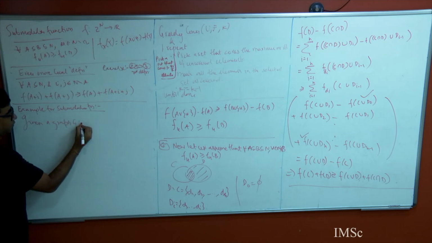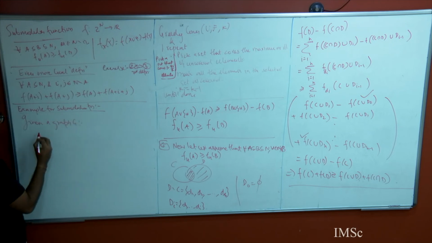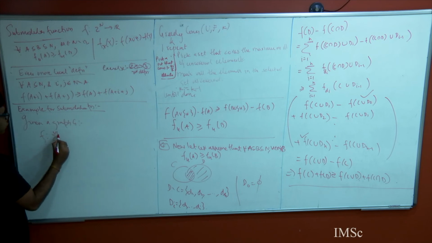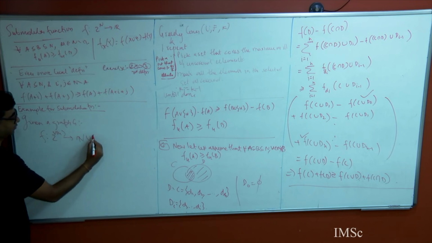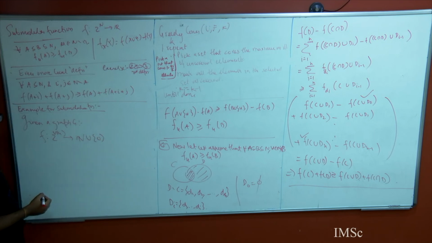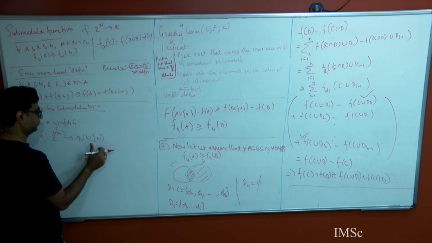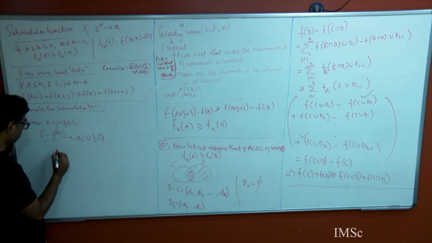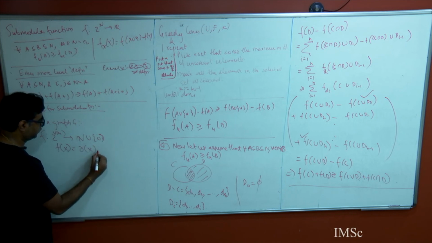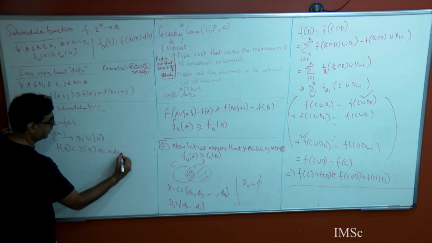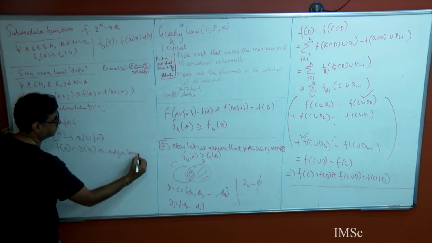Given a graph G, f from 2 to the power V to the natural numbers union zero. Here f of x is the boundary of x, the edges leaving x.